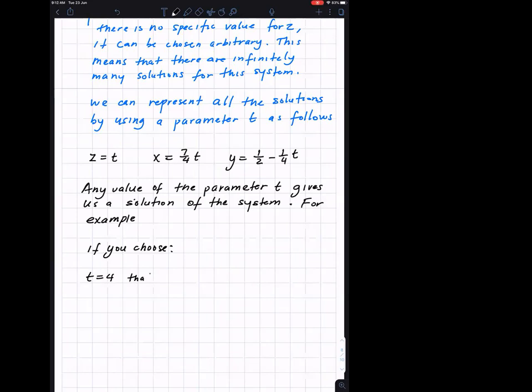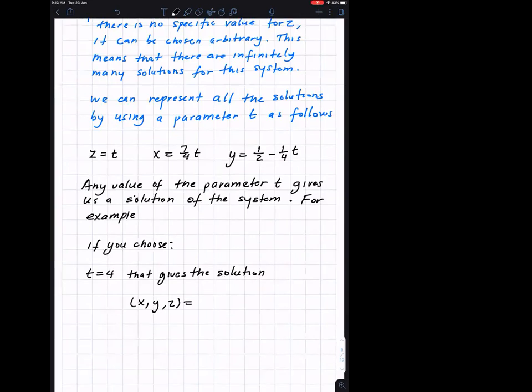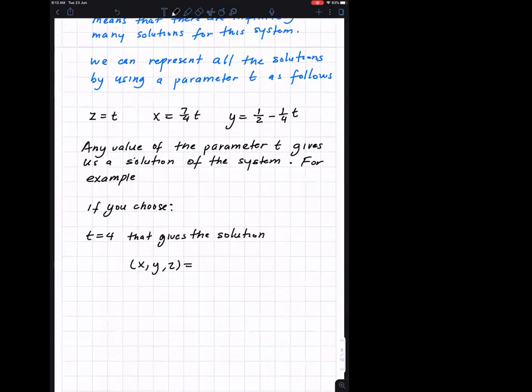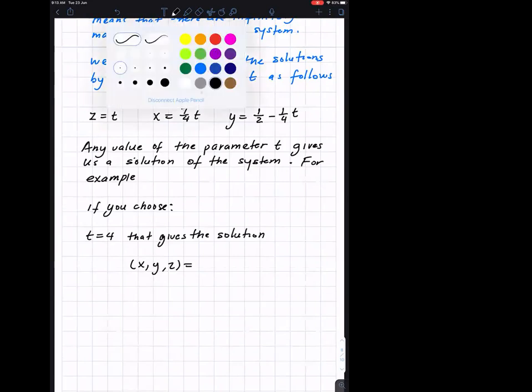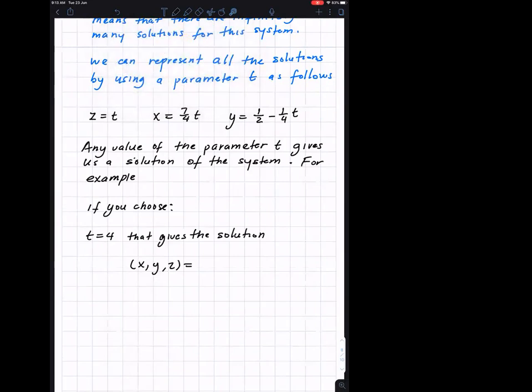that gives the solution x, y, z equal to, now you have chosen t is 4.